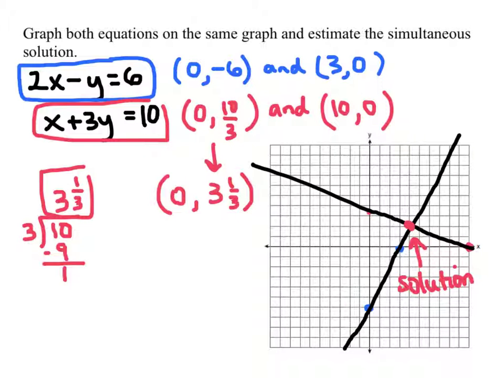And if I count from the origin, I'm moving 4 to the right and up 2 to get there. So let me label that. 4 comma 2. So that is the ordered pair that is common to both of the equations. So we have now solved our system by graphing, and the solution is 4 comma 2.